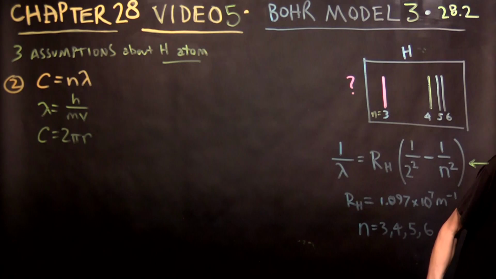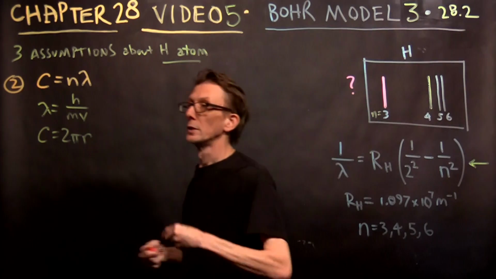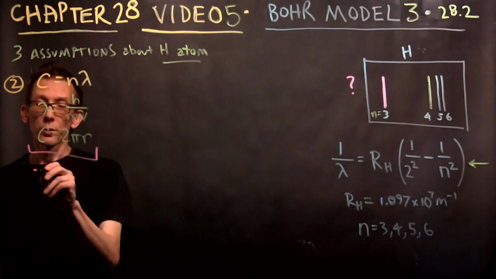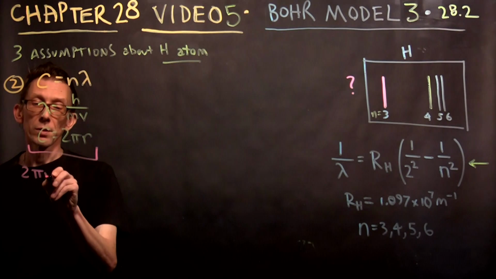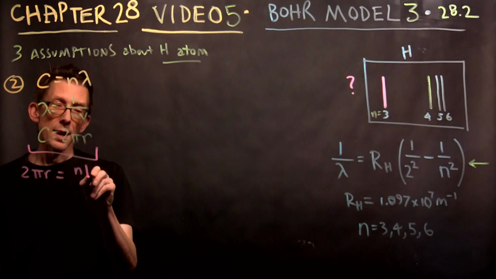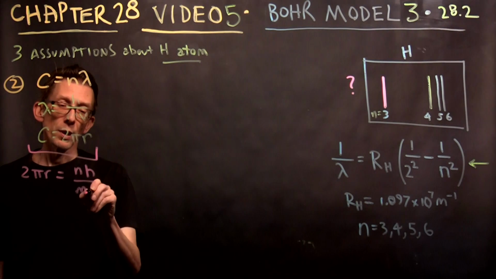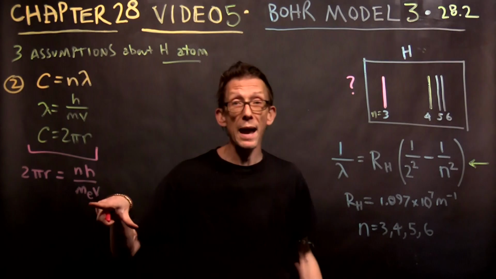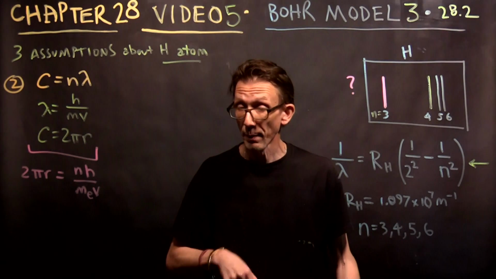So, we can put these together and write it this way. So 2 pi r, the circumference, equals n h over m sub e v. This little m sub e simply means mass of electron, because that's what we're talking about.